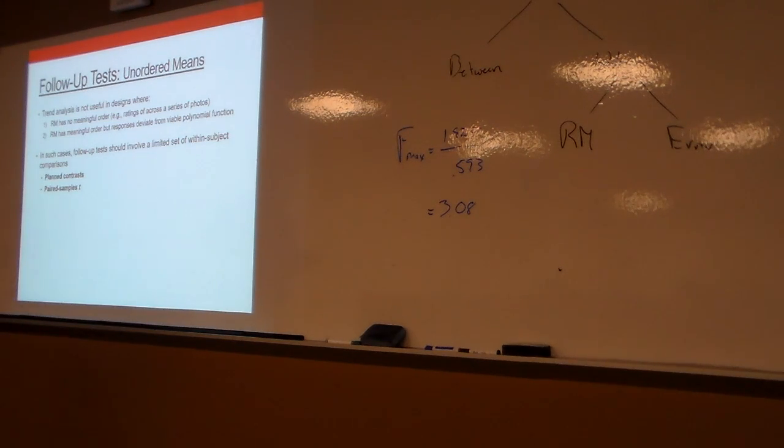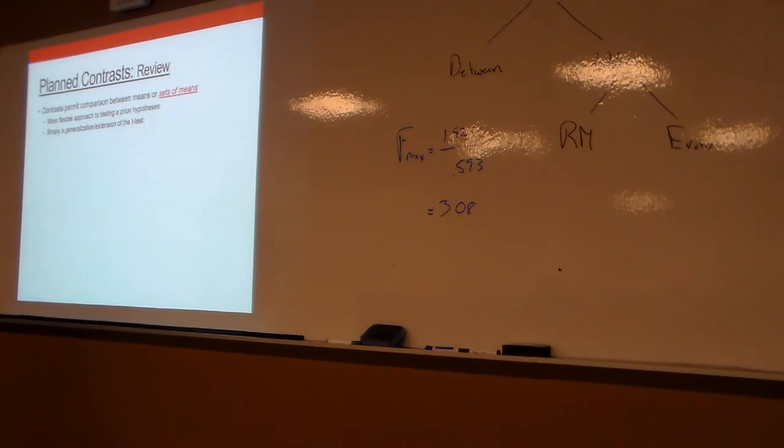SPSS is always going to give me that and test it, but whether or not I can interpret it is a completely different question. So if I don't have any meaningful order, or I do but I'm not expecting it to follow some set trend, we can fall back on our within-subjects planned contrasts, or paired sample t-tests.